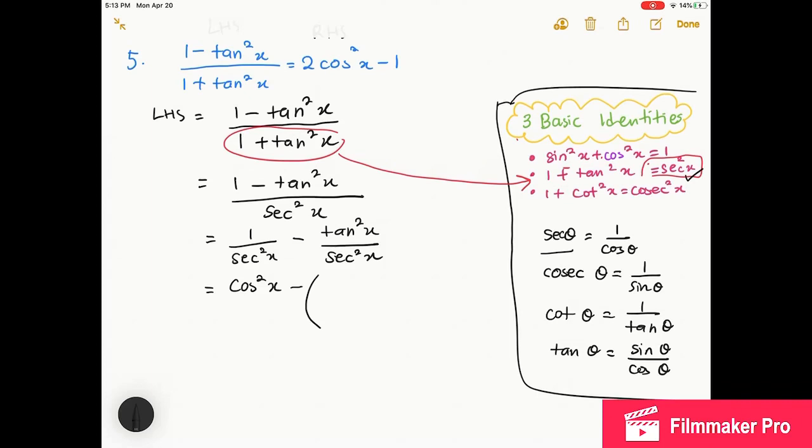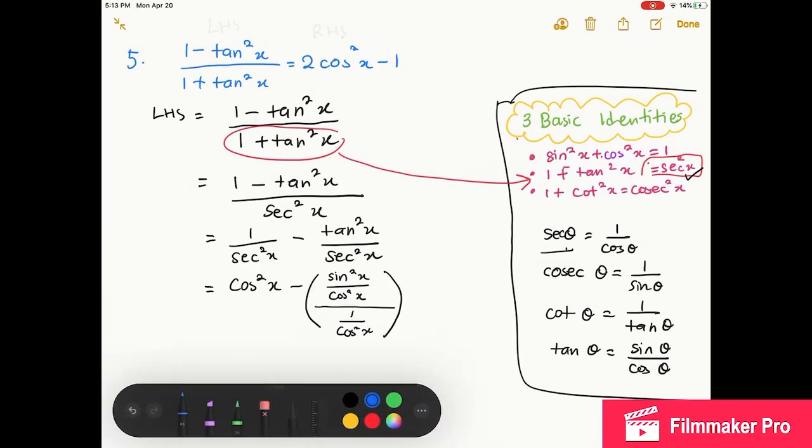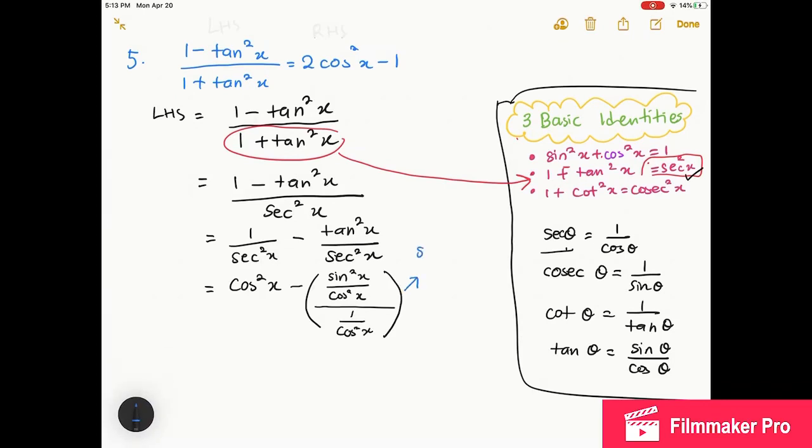Okay, so what about this one? So this one, you know that tangent square x is equal to sine square x over cos square x, divided by secant square x, which is equal to 1 over cos square x. So how am I going to solve this?